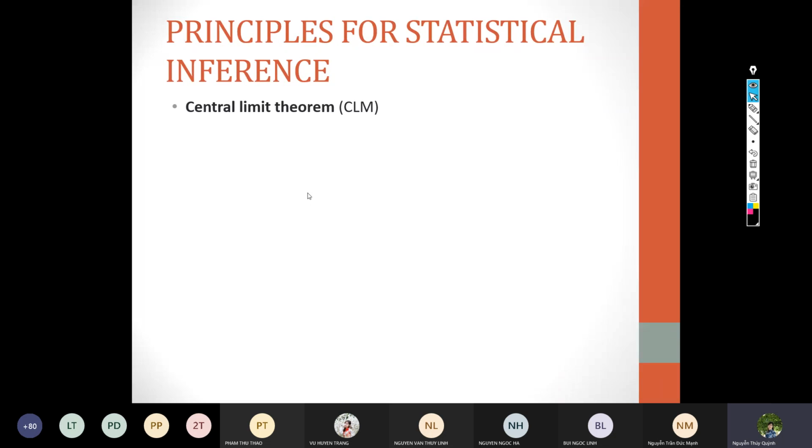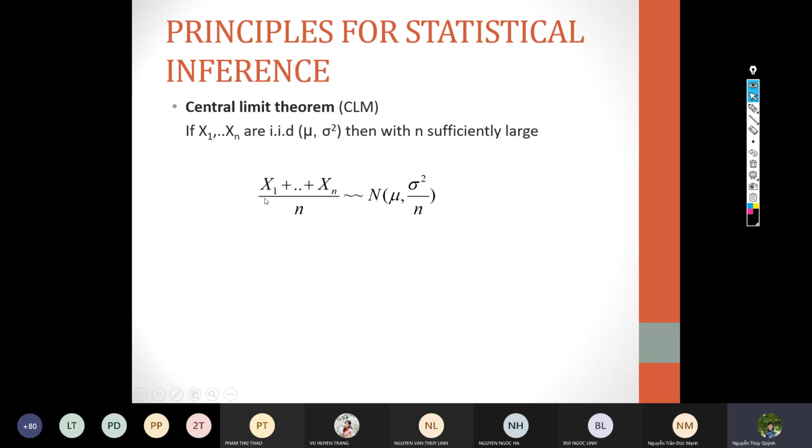The central limit theorem from statistics and probability states that if we have x1, x2, x3 and so on to xn, independent identically distributed random variables with expected value mu and standard deviation sigma, then when the sample size is sufficiently large, the sample mean, the estimator, will follow a normal distribution with expected value mu and variance sigma squared divided by n.